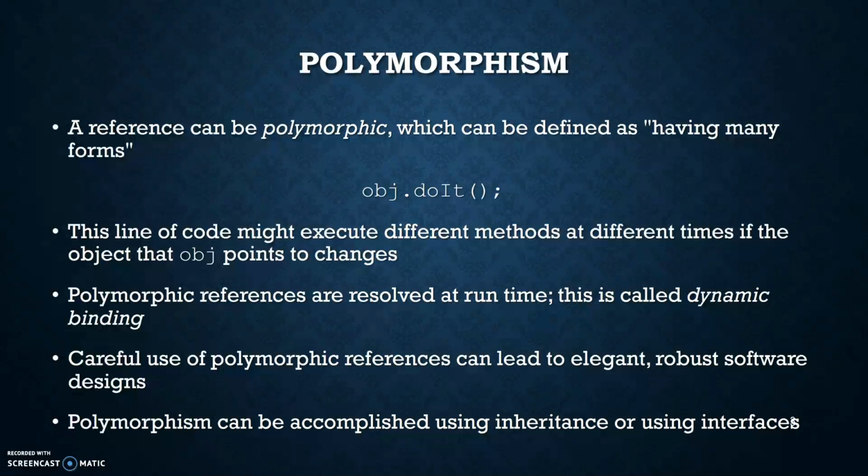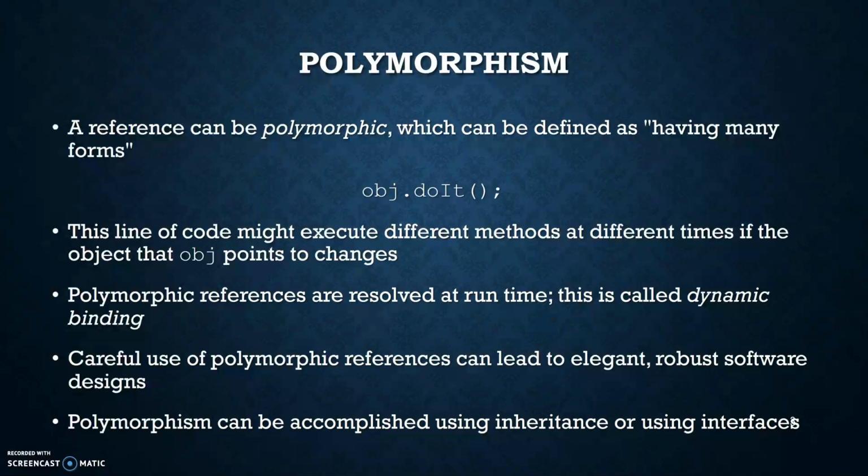And at some point, the computer has to execute the code to carry out a method invocation. This is called binding a method invocation to a method definition. Most of the time, binding happens at compile time. For polymorphic references, however, binding can't be done until runtime because which object is being referenced can change.